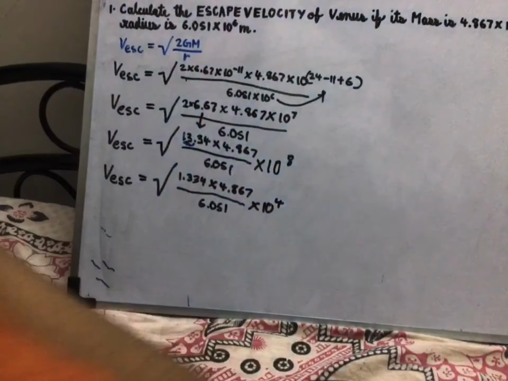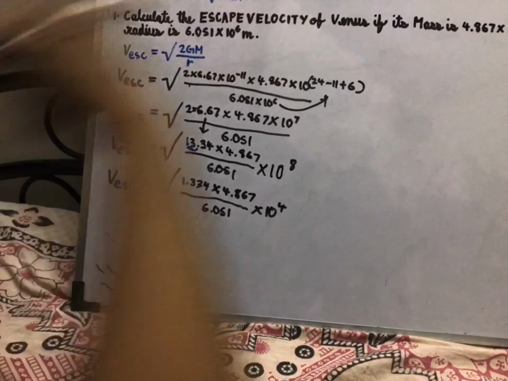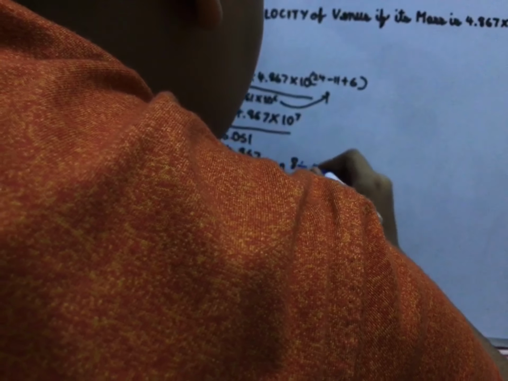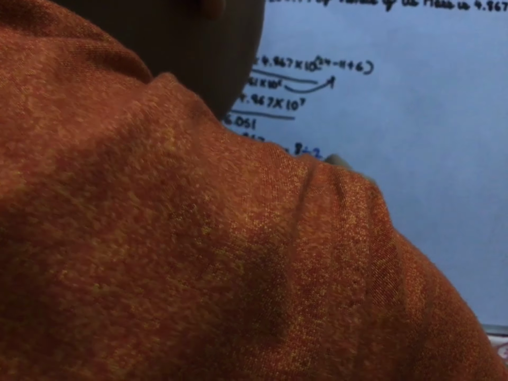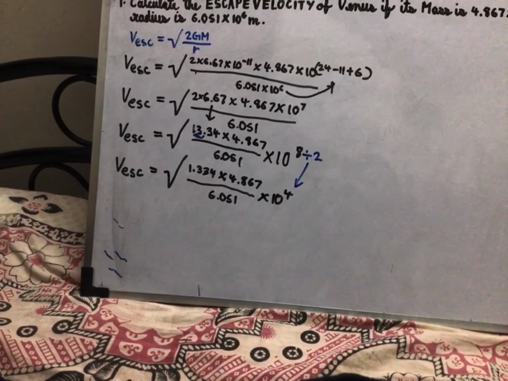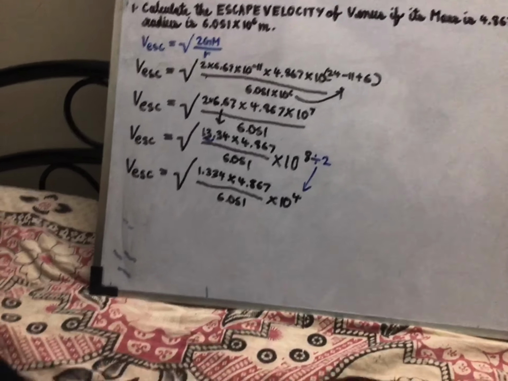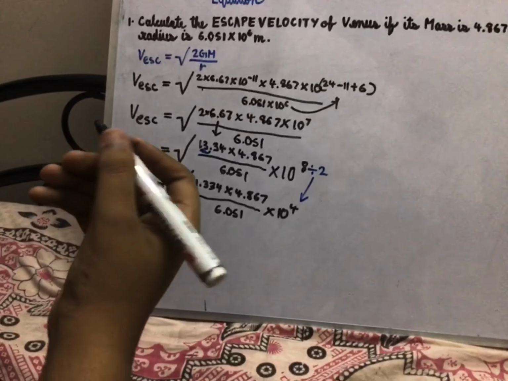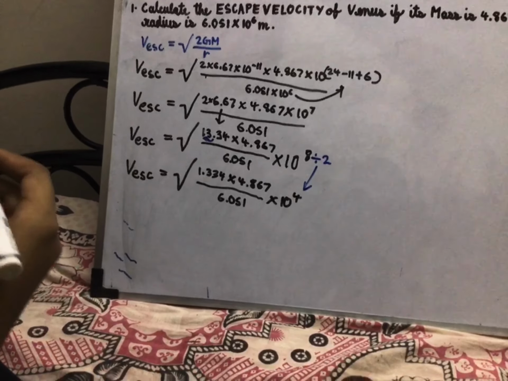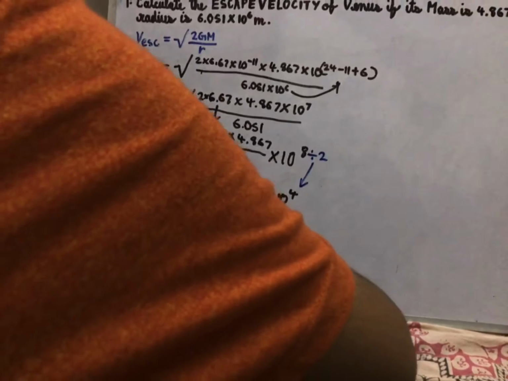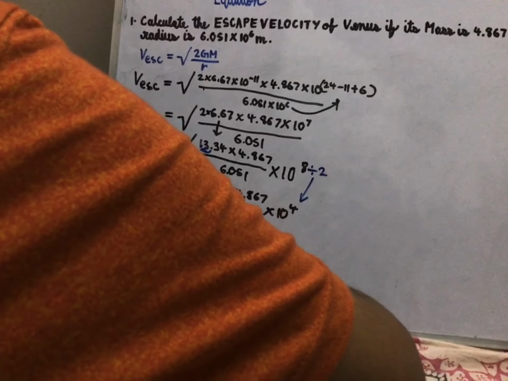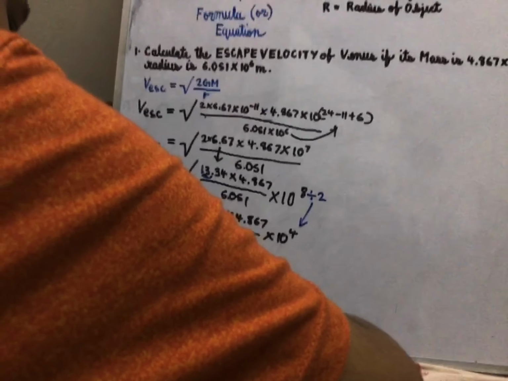So 8 divided by 2 equals 4. That's how we do that, finding the square root of an exponential term.